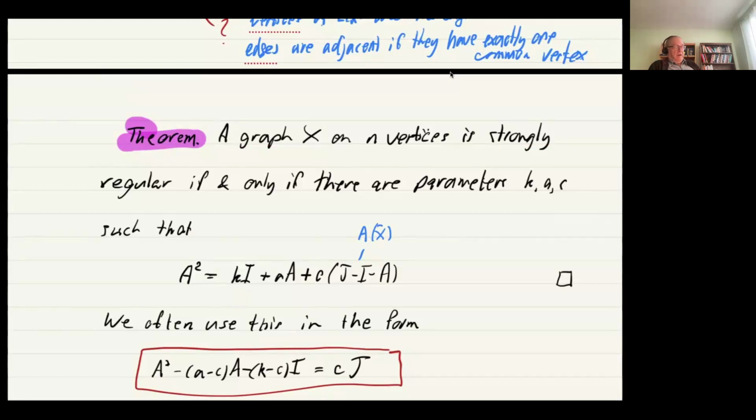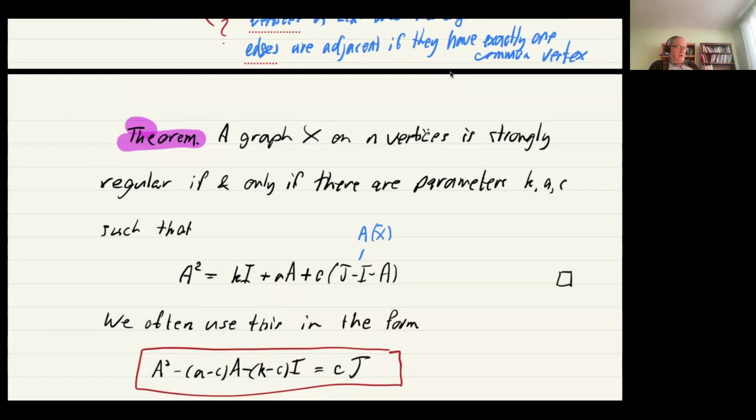Now, the key thing is that the ij entry of A squared is counting the number of walks from i to j of length 2. If u and v are equal, there are k walks of length 2 from u to itself: just go out along an edge and come back. If u and v are adjacent, the number of walks of length 2 is the number of common neighbors, and that's a.